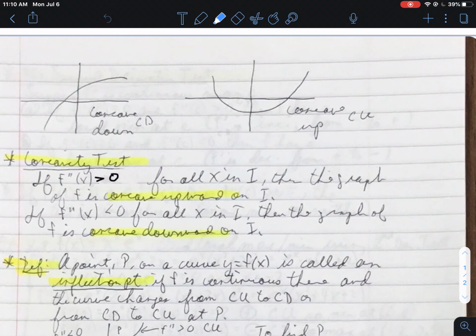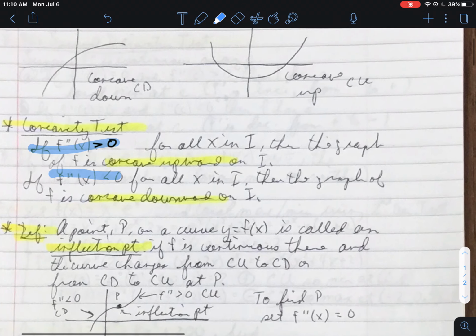All right, so just like we said, if the second derivative is positive for all x in an interval, then the graph is said to be concave upward or concave up on that interval. If the second derivative is negative for all values of x in our interval, then the graph is said to be concave downward or concave down in that interval.